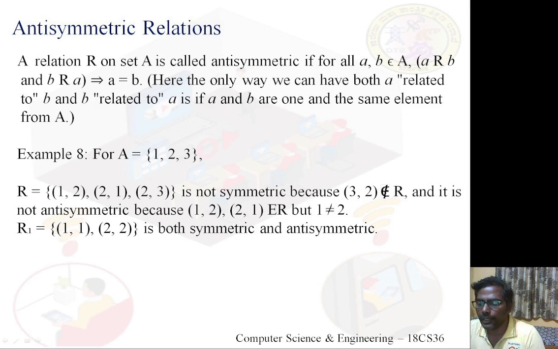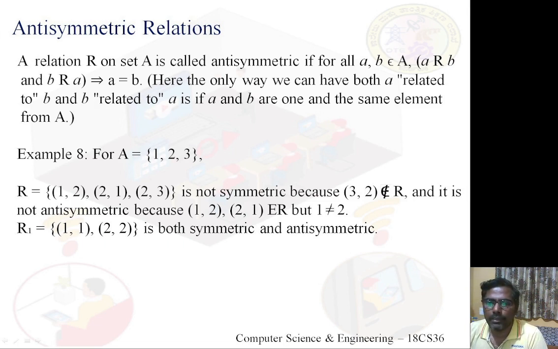I mean to say, if in a relation there are two pairs of the form (a, b) and (b, a), then to call it antisymmetric, a should be equal to b.